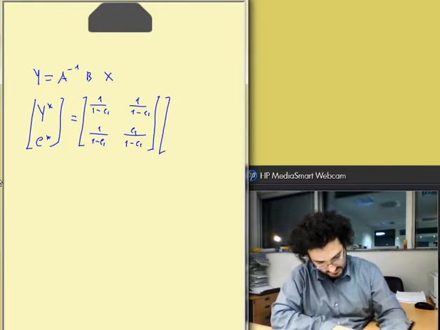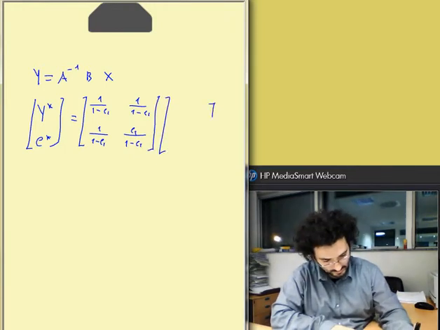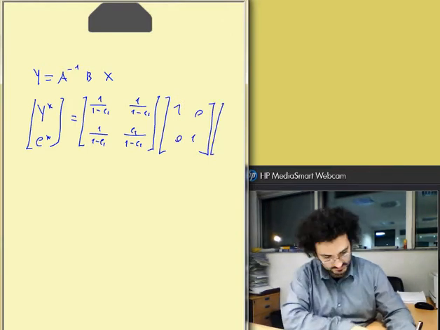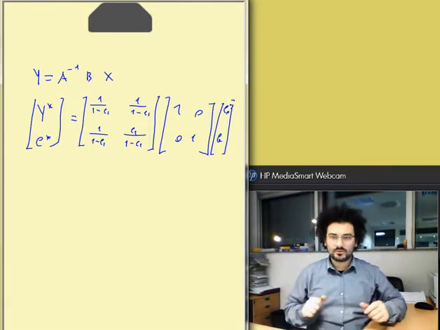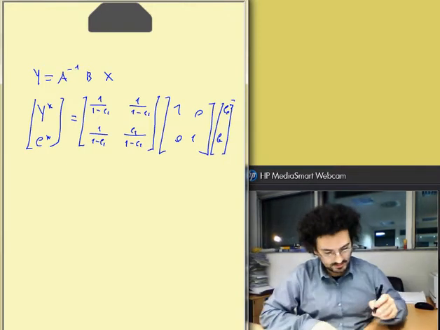Matrix B is given by 1, 0, 0, 1, and the exogenous variables are C0 and G. So we need to consider this.